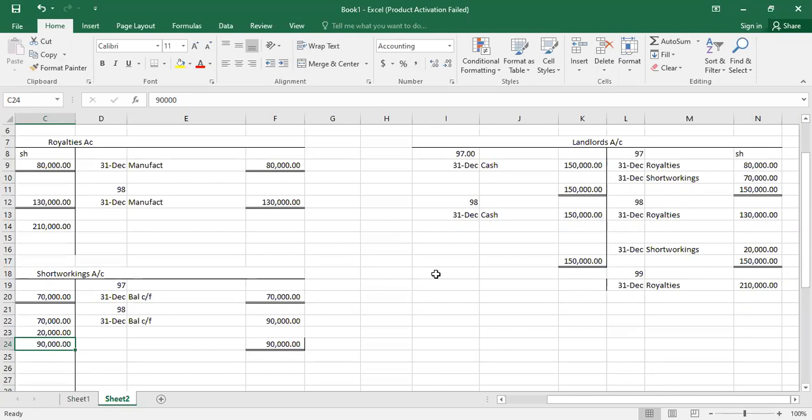We're in the year 1999. Yes, we have to pay the rent of that year first. Yeah, it's okay. We can start with the rent or with recouping the short workings.